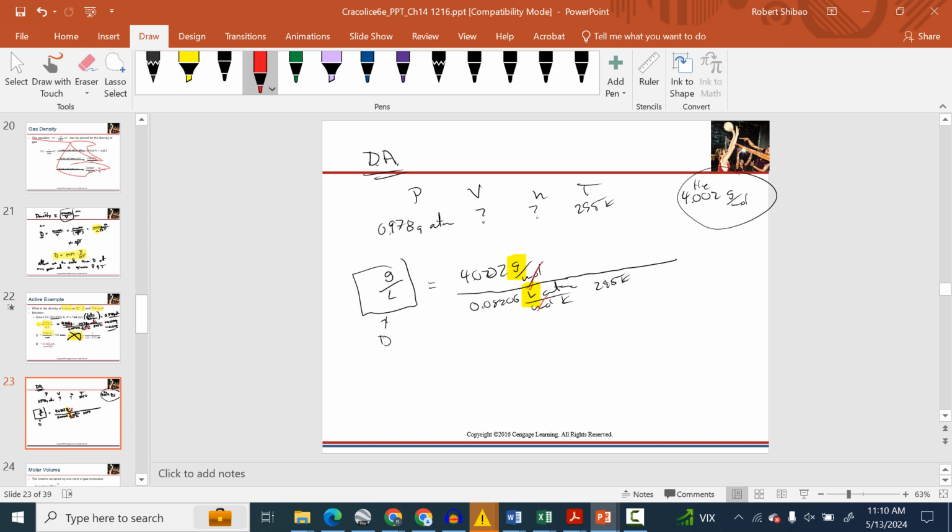So the Kelvin cancels. And I need to cancel out one more thing, atmospheres. That will cancel out atmospheres if I put pressure on the top. Now I'm left with just grams per liter.